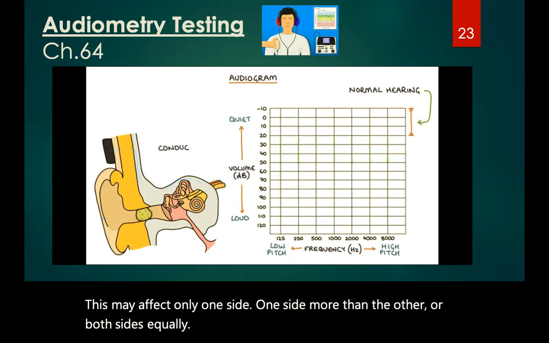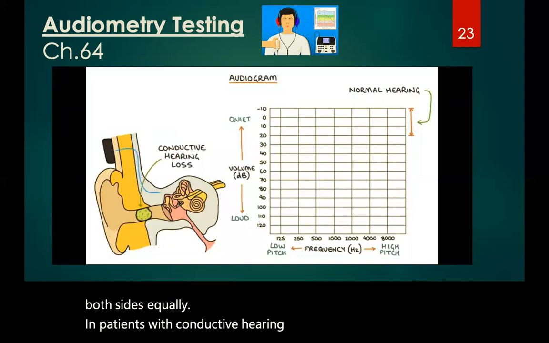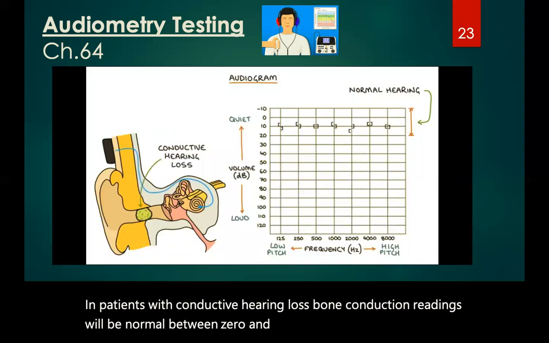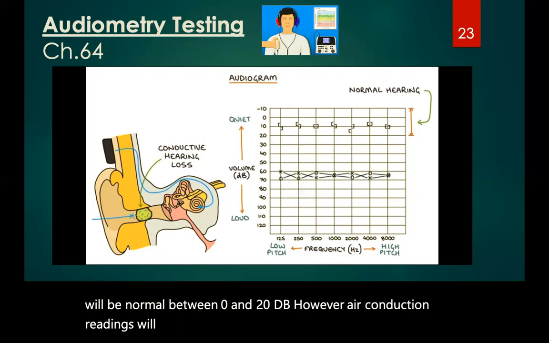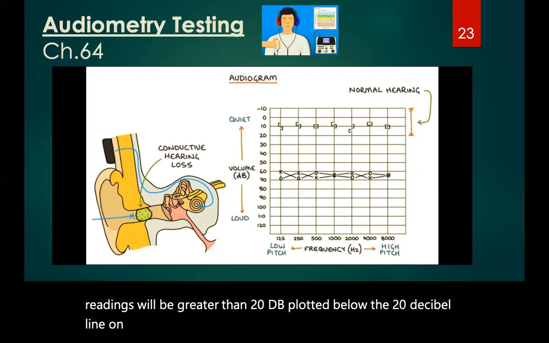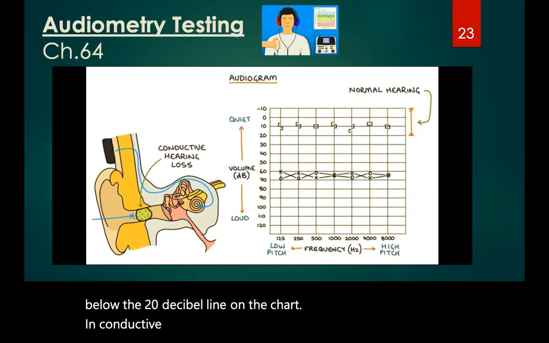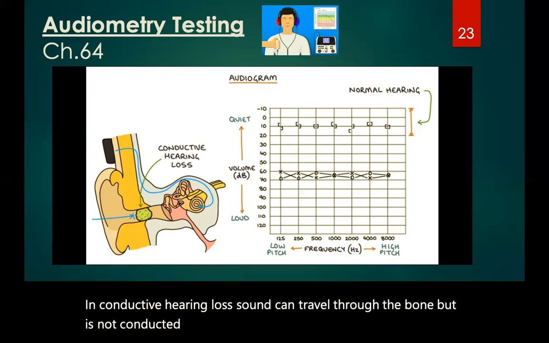In patients with conductive hearing loss, bone conduction readings will be normal, between 0 and 20 decibels. However, air conduction readings will be greater than 20 decibels, plotted below the 20 decibel line on the chart. In conductive hearing loss, sound can travel through the bone, but is not conducted through air due to pathology along the route into the ear.